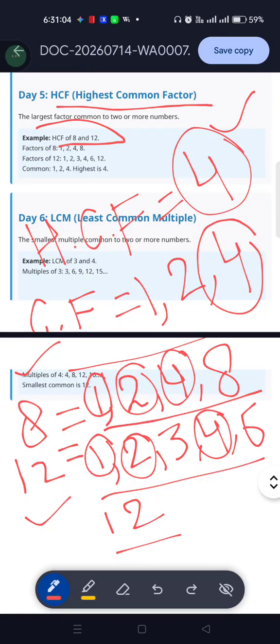After that you will circle the common factors, just like we have circled. We got common factors 1, 2 and 4, and the highest of them is 4, so 4 is the HCF of these two numbers.